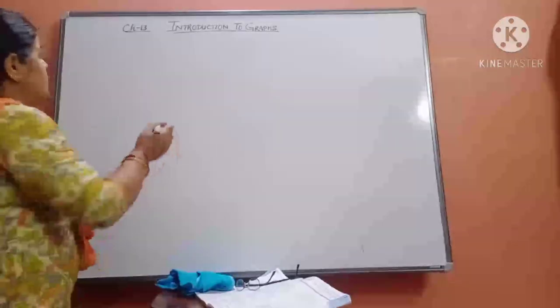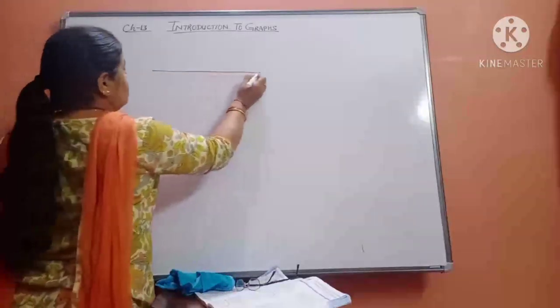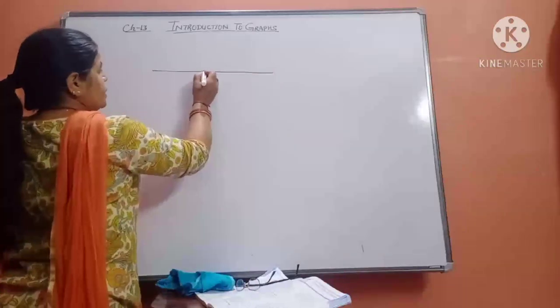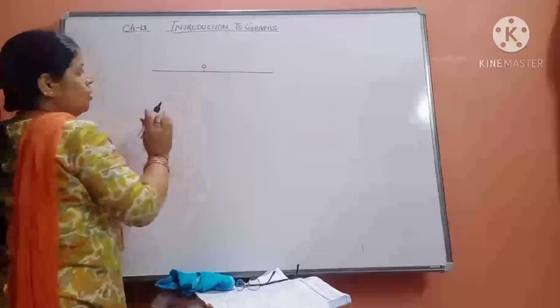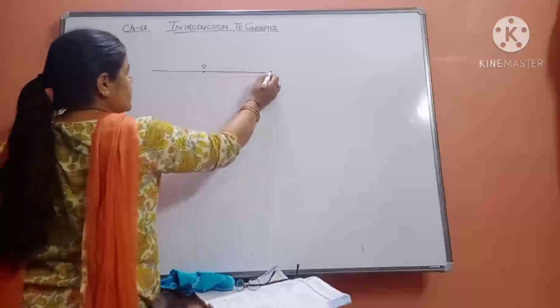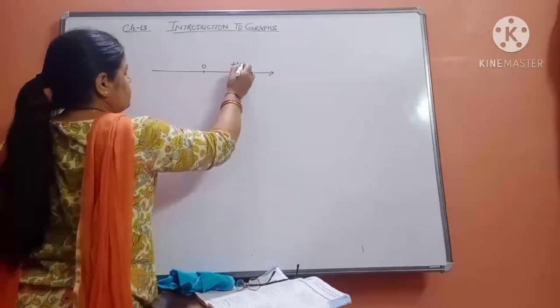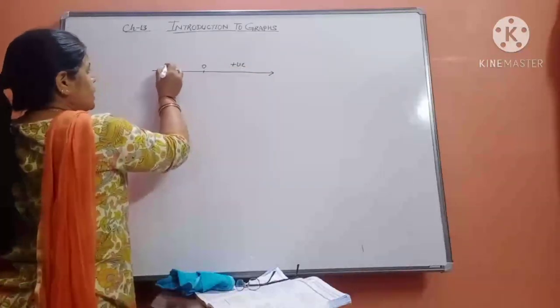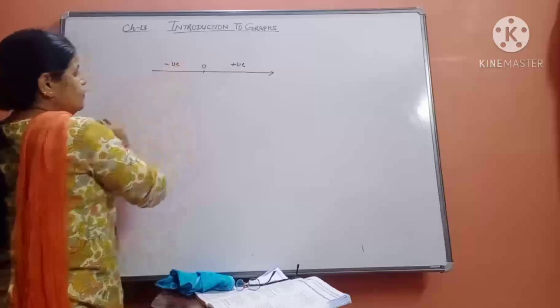When we were denoting them, 0 was always in the middle, on the right hand side we denoted positive numbers, and on the left side negative numbers. Here also we are going to do the same things.